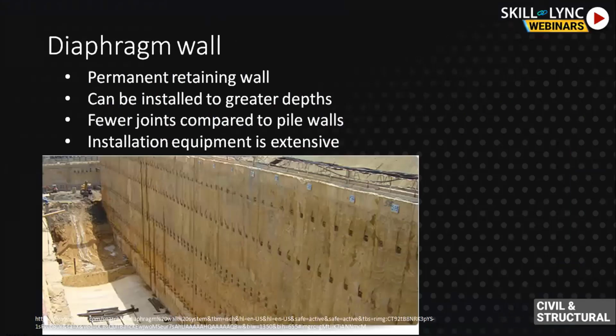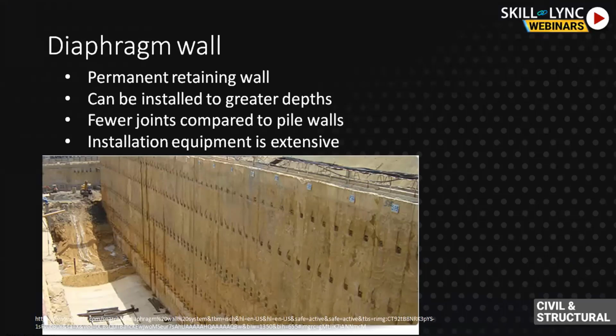When it comes to the diaphragm wall itself, it can be top down or bottom up construction. Generally for permanent cases we can go for top down, and for temporary cases it can be bottom up. Top down means that after constructing the wall, the excavation is done from the top, and we place the permanent slab at the top.